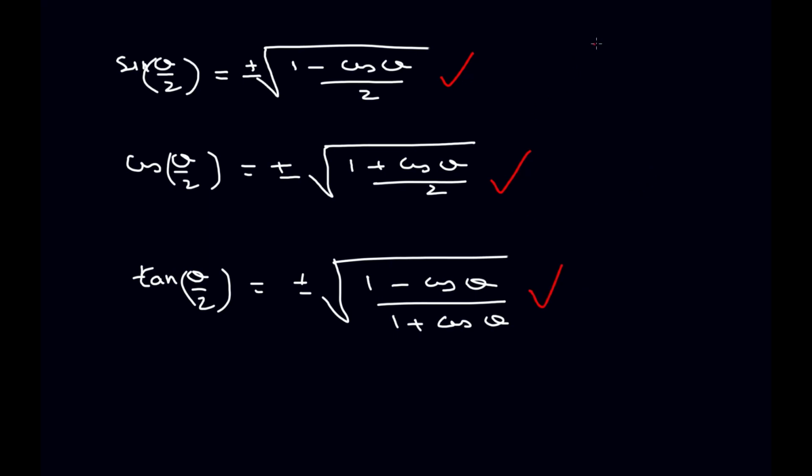Just to finish up, these are the main aspects of identities that we need to know. The first one, we said that we have the basic, which included the tangent, the inverse, Pythagorean, and then the odd or even functions. Then we went on to the sum or difference.